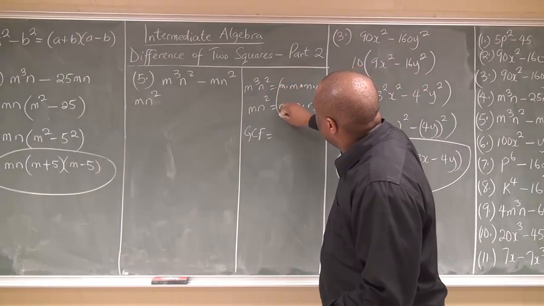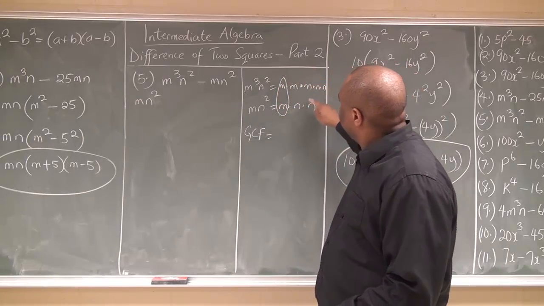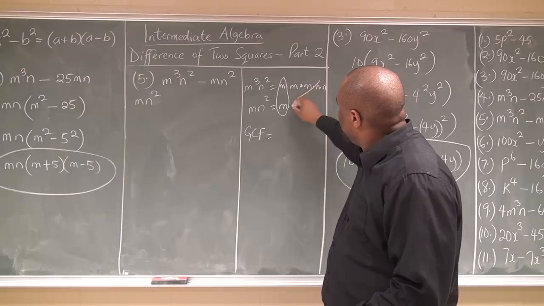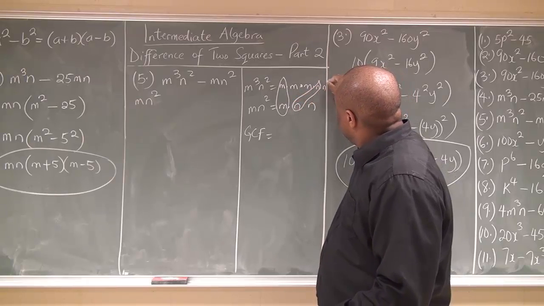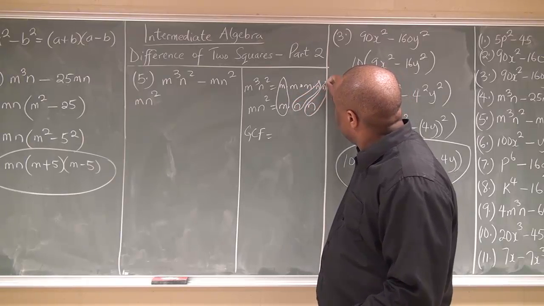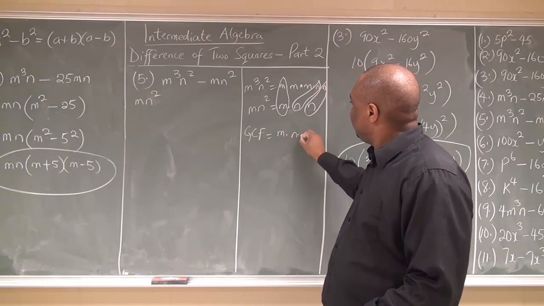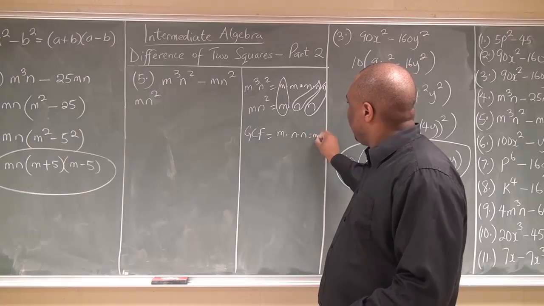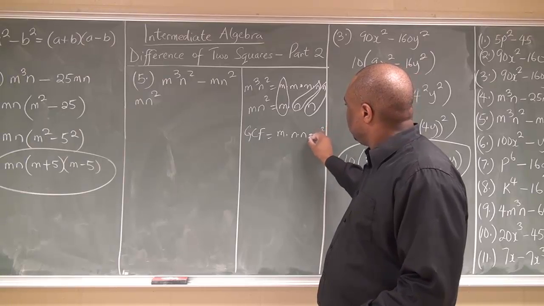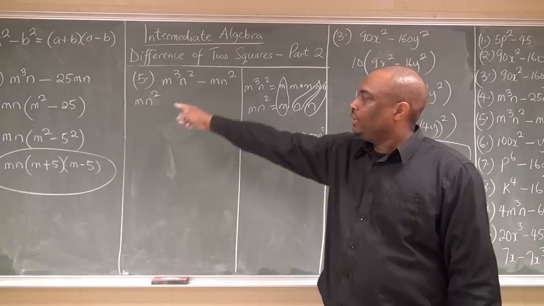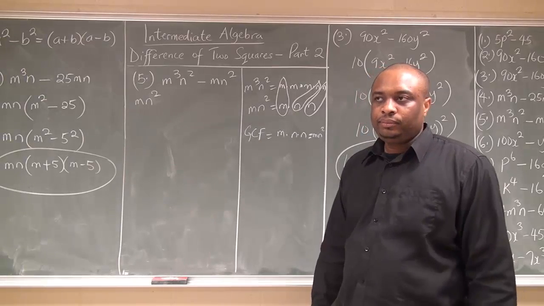So m and m is common, right? Then n and n here is common, and also n and n here is common. So this is m times n times n, and that is mn squared. That's how we got the GCF here.